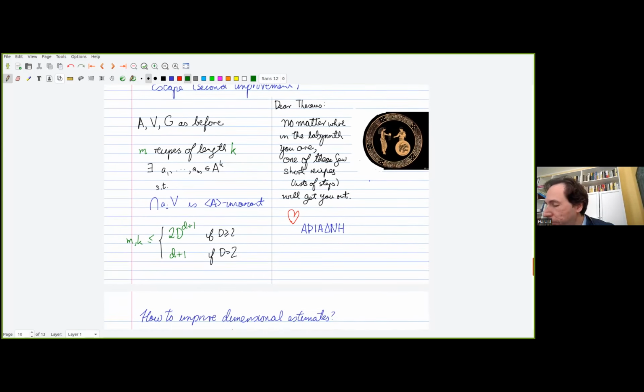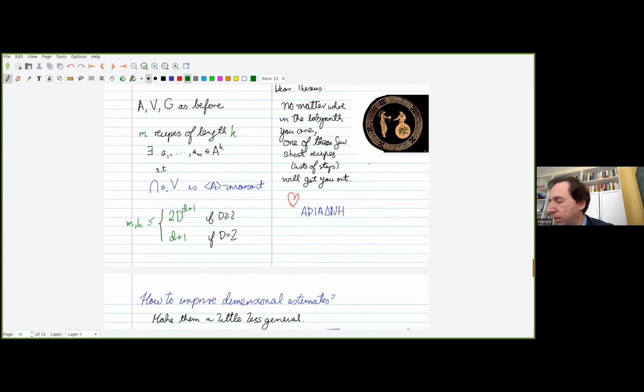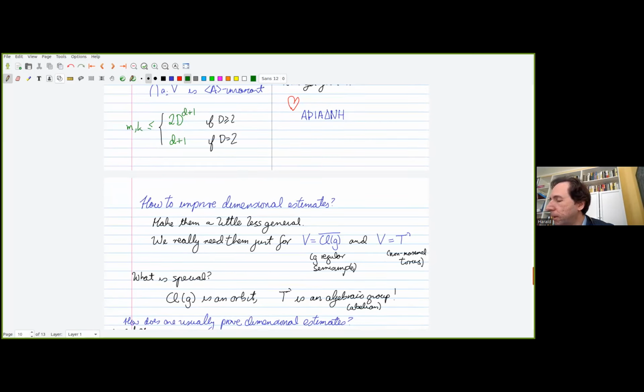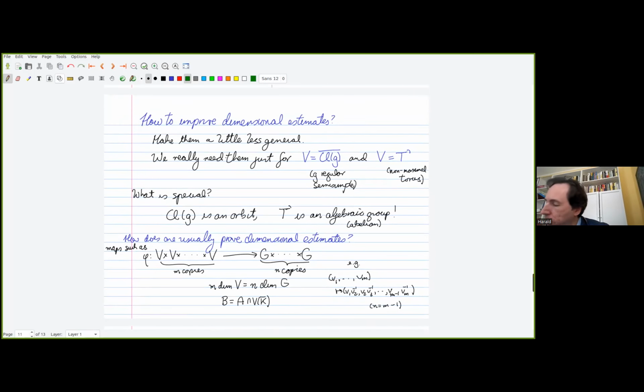Yeah, and that's fantastic. Well, why is it fantastic? Because we are now in this situation where we are looking at the specific varieties that we need. And what's special about them is that the conjugacy class is an orbit and T prime is an algebraic group, an abelian one. Well, how does that help? How does one usually prove dimensional estimates?